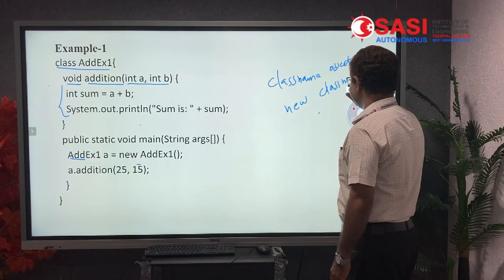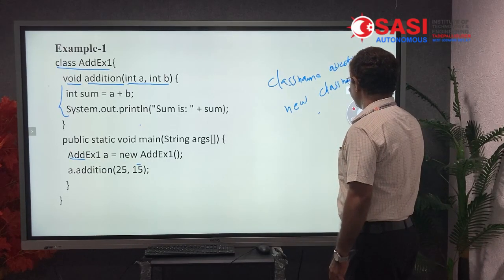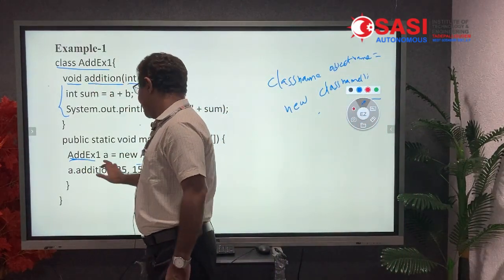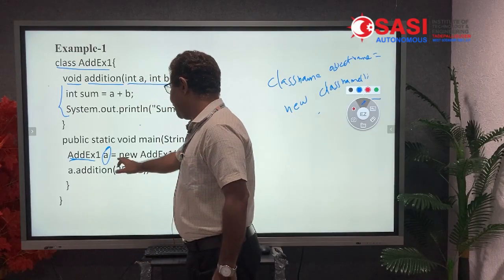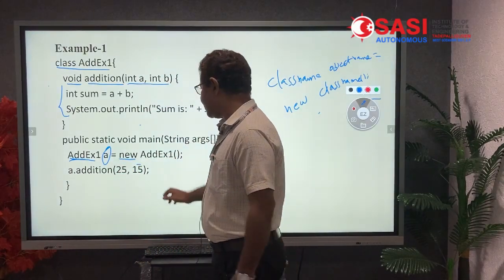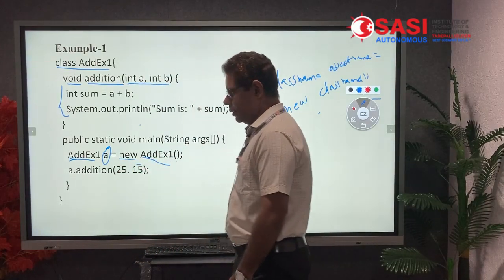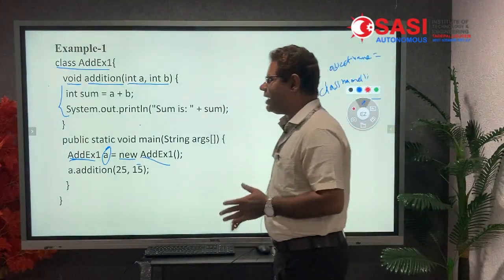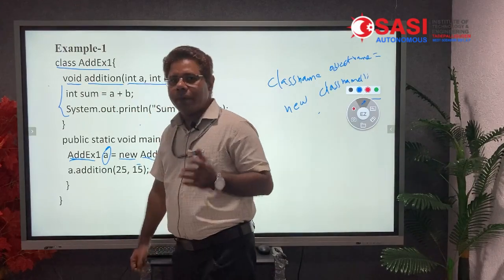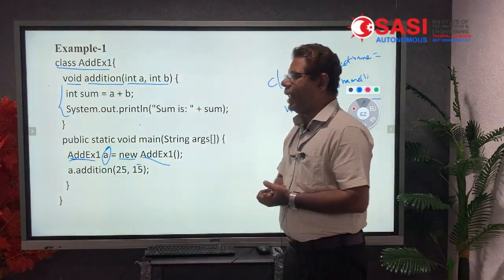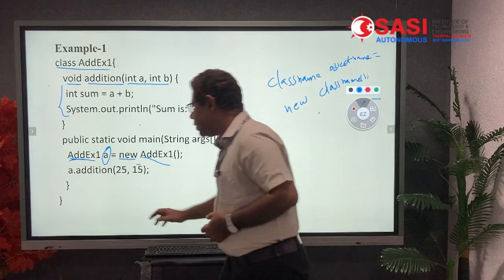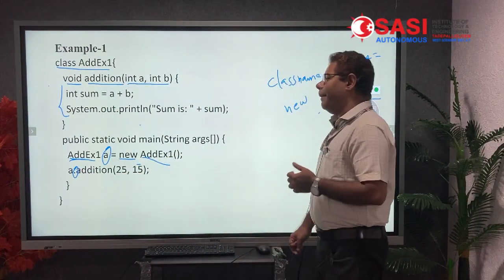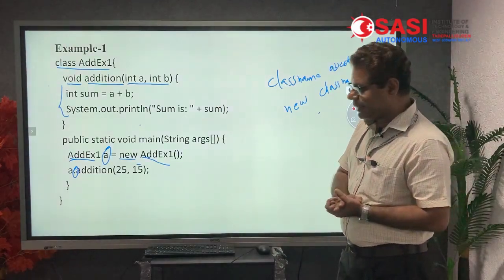We already discussed this. Here AddEx1 is the class name, a is the object name, new is the keyword, and the class name is AddEx1. By using the object we can access the method using the dot operator.